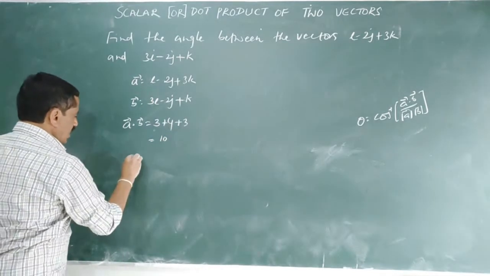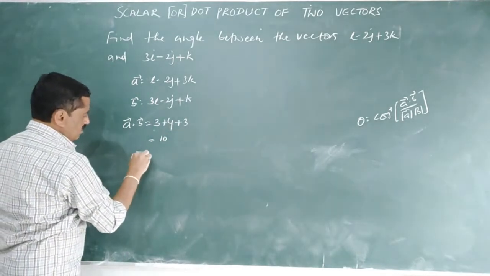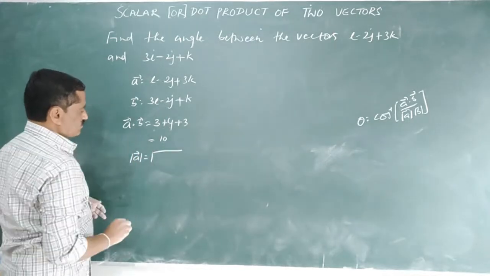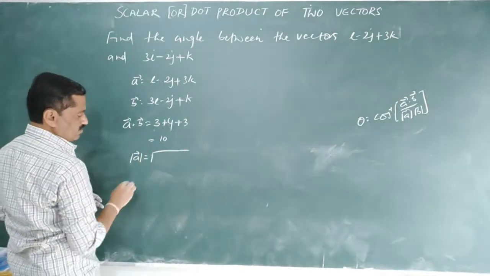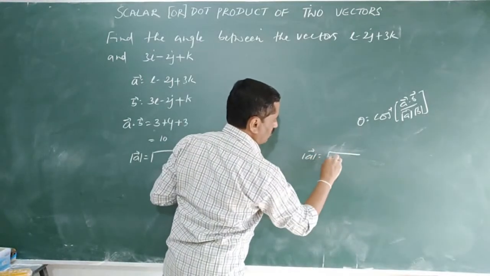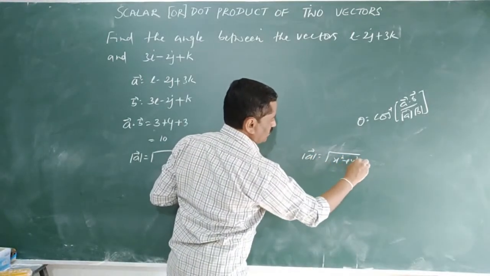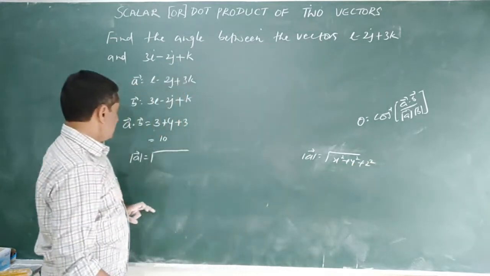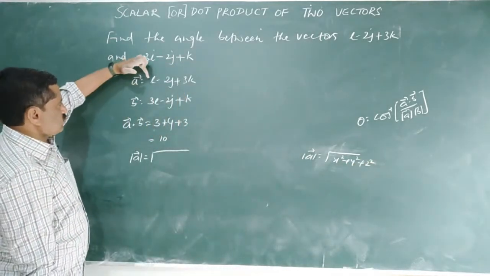Then we need to find the magnitude of a bar. We know how to find the magnitude of any vector. The magnitude of a bar is equal to square root of x square plus y square plus z square. What is the coefficient of i?